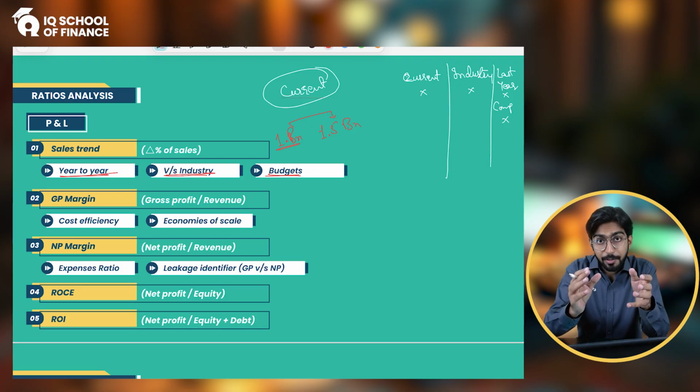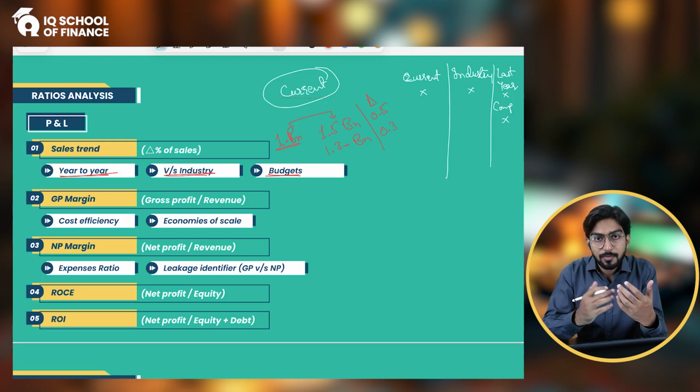You budgeted it, but actually you were able to increase the sales by only 0.3 billion, and your sales was 1.3 billion. So the change was 0.5 billion as budgeted and 0.3 billion as actual. Now you compare the sales percentage change from your budget and from your actual. This is again one kind of comparison which you can do.